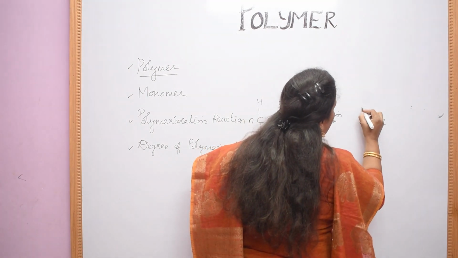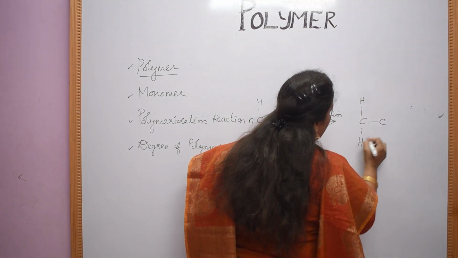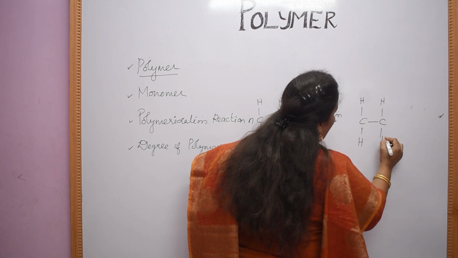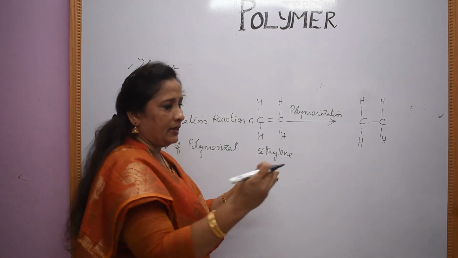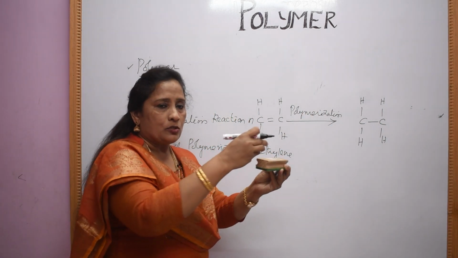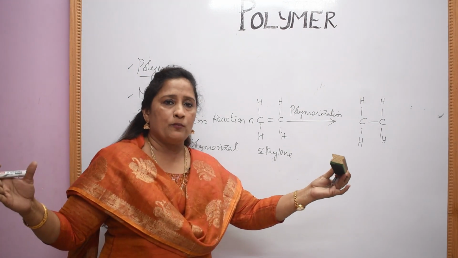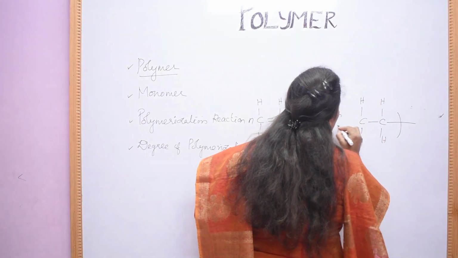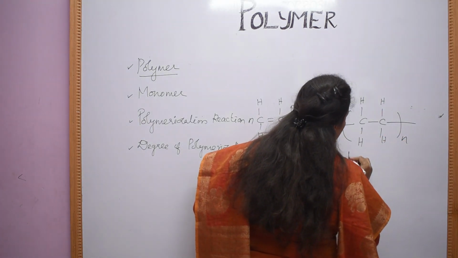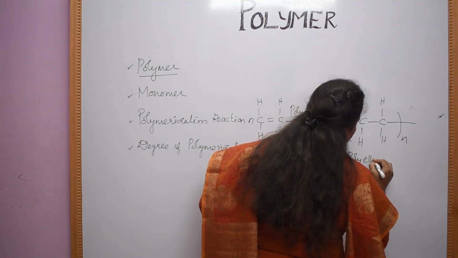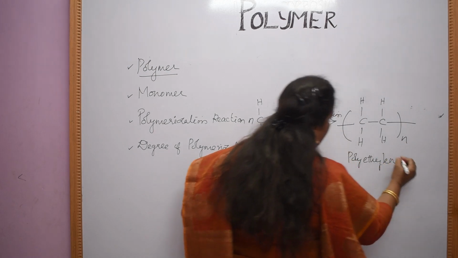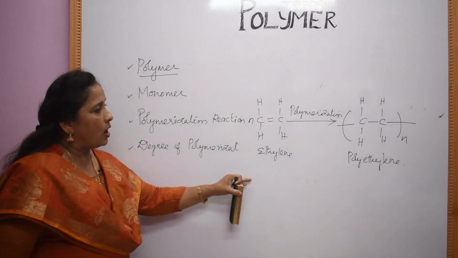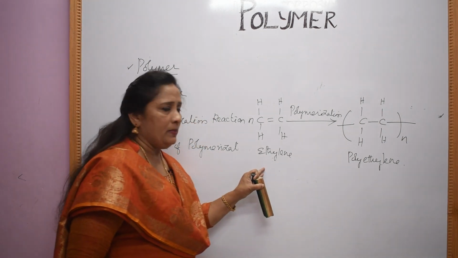So what is the structure of polyethylene? n number of molecules, one ethylene, next ethylene, combine together and form a big molecule of polyethylene. This is the structure of polyethylene. This is how polyethylene is formed from ethylene.